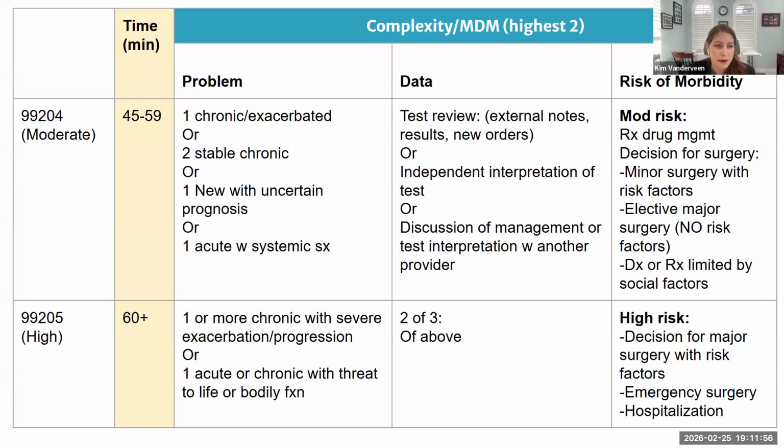For the scenario we've presented, I'm probably billing at the level 4 level, because so far of what we know now, we've got one fairly simple problem that is not going to have a whole lot of factors in surgical decision making, but we will be recommending an elective major surgery at some point, and I will have used the independent interpretation of an outside ultrasound and documented my own interpretation as one of my management data points. So I'm probably going to be at a high level on my data points, but maybe so far we've done it at the moderate level, either by time or by complexity.